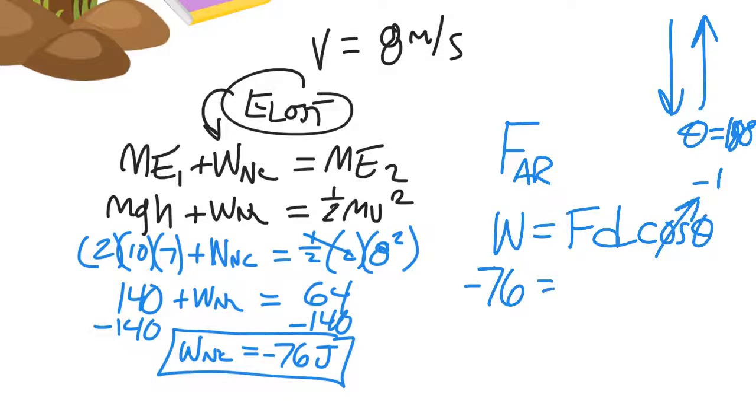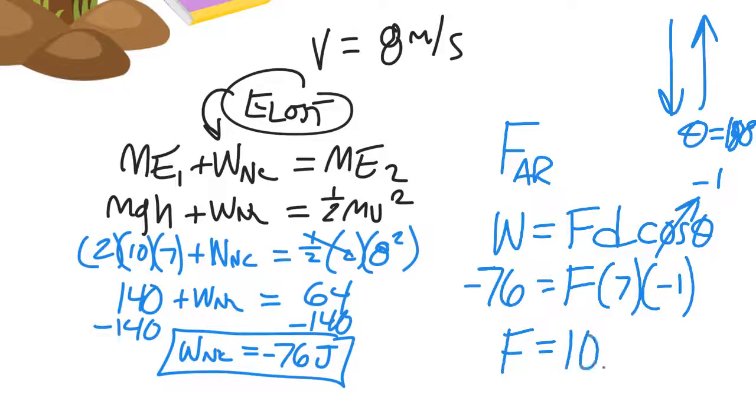We don't know the air resistance force. We know the displacement, it fell 7 meters, and we have -1 for our cosine theta. So then the air resistance force is 10.86 newtons.